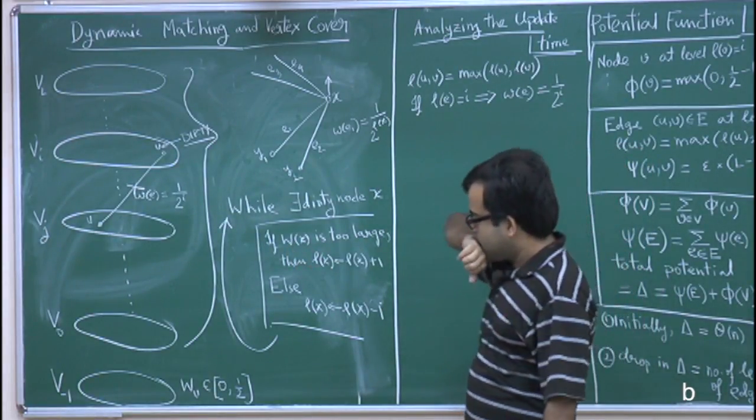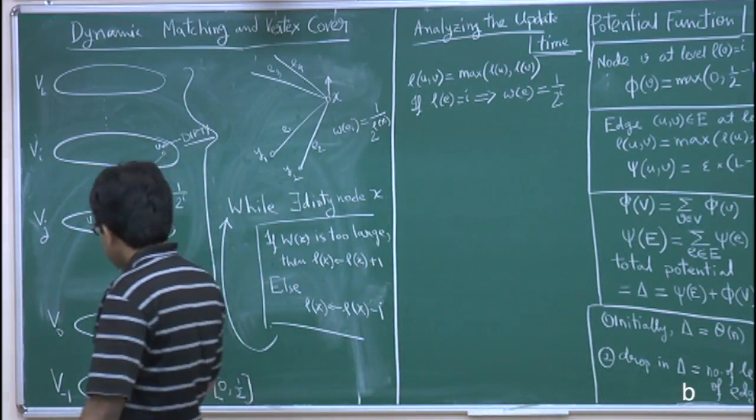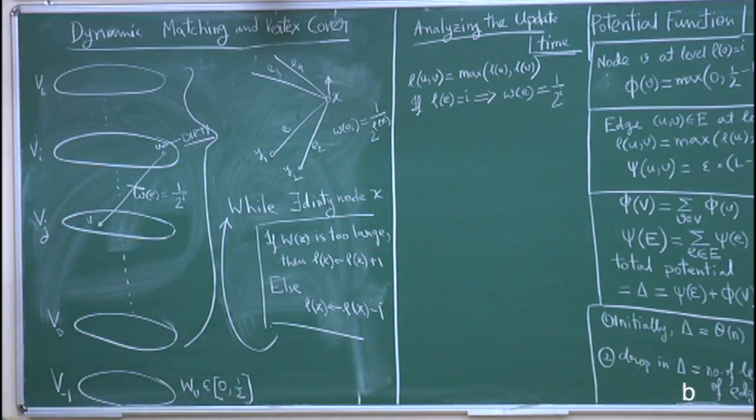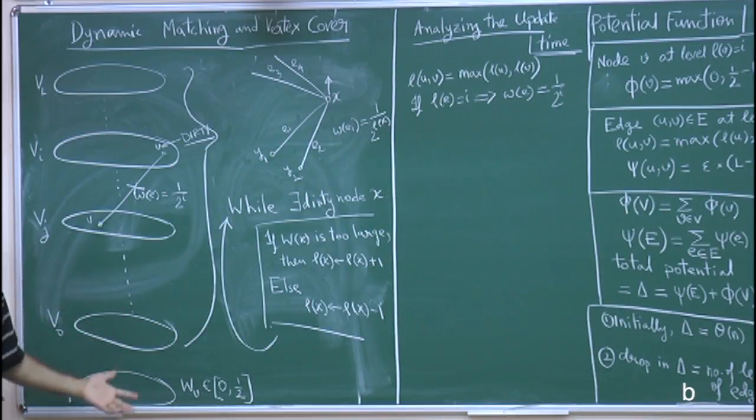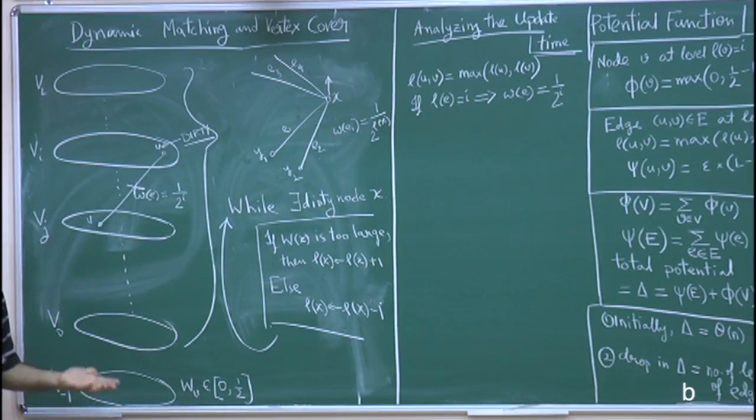Okay. Now, what is an obvious lower bound on the amount of work we have to do? The amount of work we have to do should be at least the number of times we are changing something in the fractional matching. And when are we changing something in the fractional matching? When the fractional weight of an edge changes, then we can say that we are changing something in the matching, right.